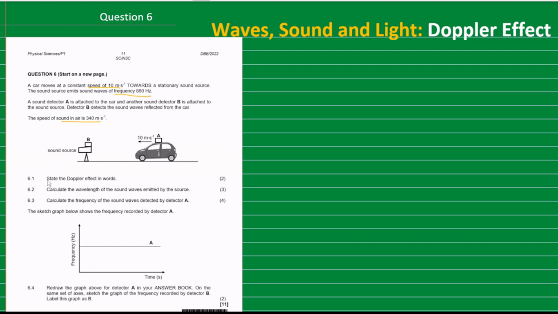And then 6.1 is to state the Doppler effect in words. There are many ways that you can state it.